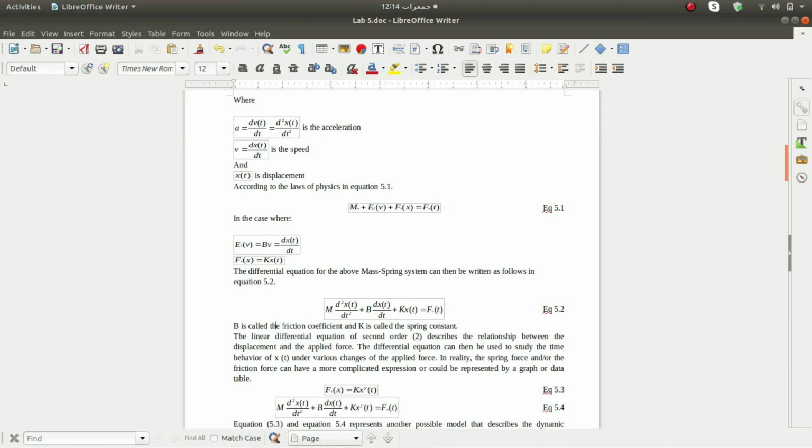You can see the mass constant is m, and acceleration is the second derivative of displacement, as we have supposed here. Then we have the frictional force, which will be equal to b multiplied by v, and v equals dx over dt.